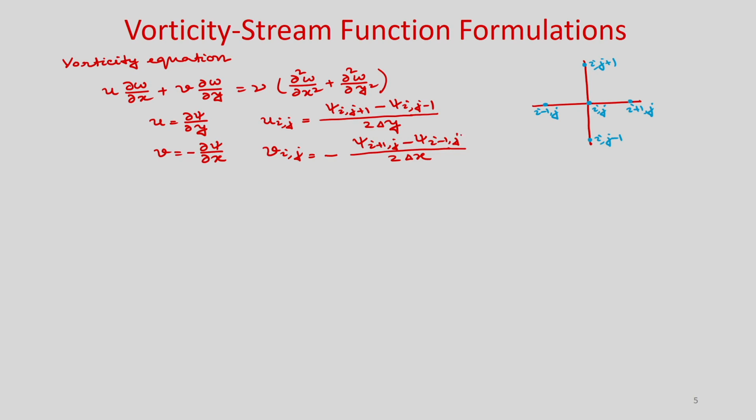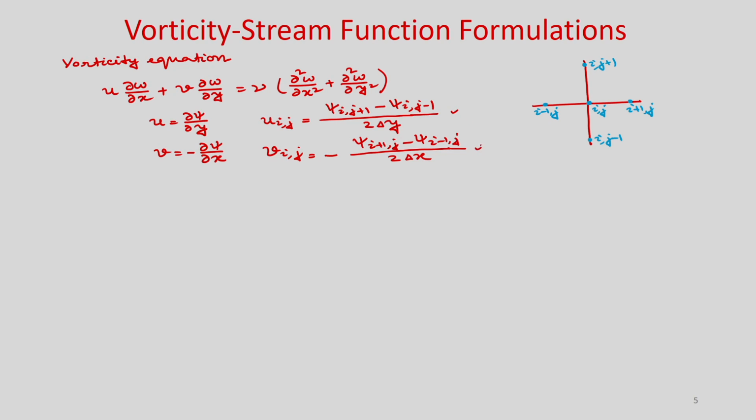And psi you can already find from the stream function equation, which we have already discretized. Okay. So, from the known values of psi you can find the values of u and v.